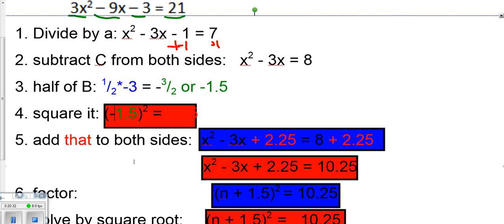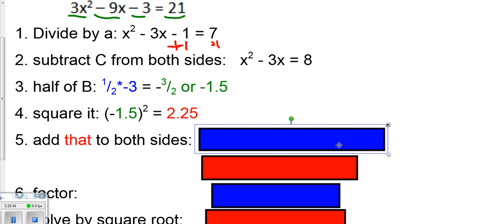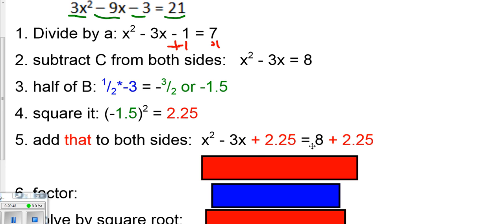And when you square it, negative 1.5 squared is 2.25, or 2 1/4. That's what we're going to be adding to both sides, that 2.25.